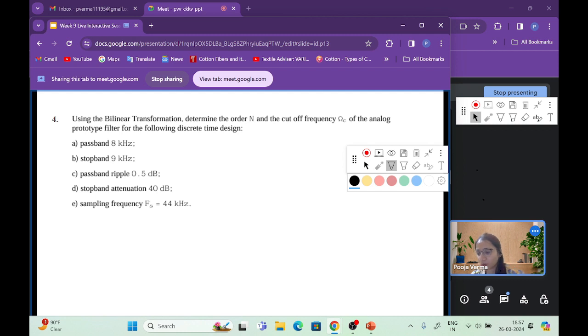Okay, now what is the formula for determining the value of the order of the filter?